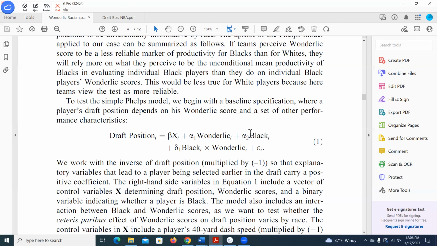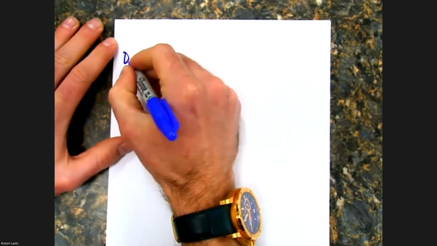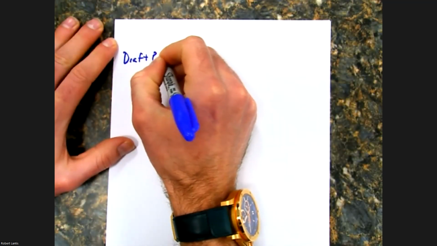So we've talked about this before, where if I want to know the effect of something, and I think that it might vary across groups, what I can do is take that variable and interact it with an indicator or a 1-0 variable for whatever that group is. So I'll write this out here. Here they had draft position.